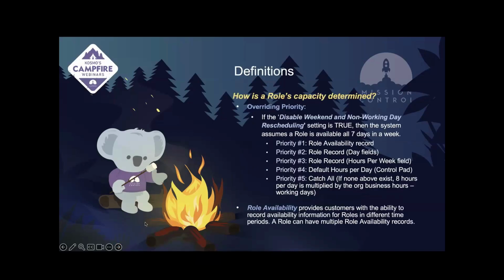As we take a look at what determines a role's capacity, there are a few features that come into play, outlined in our knowledge base article on role capacity. If you have the disable weekend and non-working days rescheduling setting on the project automation tile within the control pad set to true, then the system will assume that the role is available to work all 7 days of the week, technically working every day, 24/7.